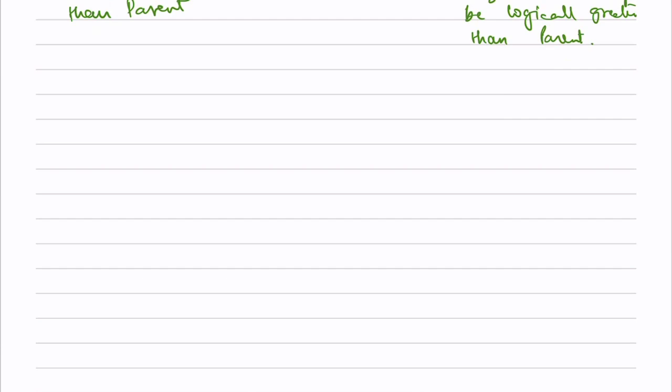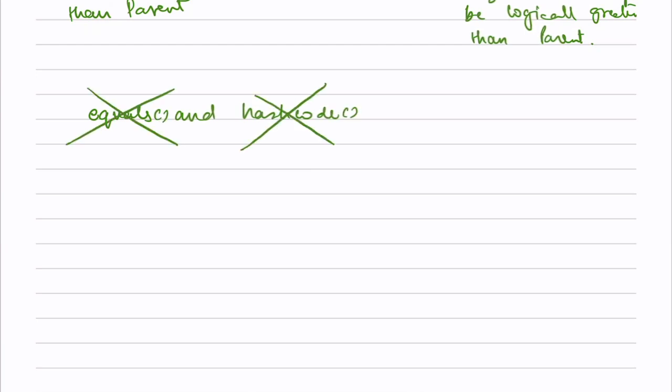So a couple of things: unlike in hash map, here equals and hash code don't play any role. Okay, so I'm just writing and cutting because you should remember, they don't come into the picture.